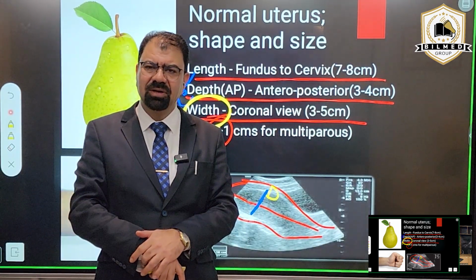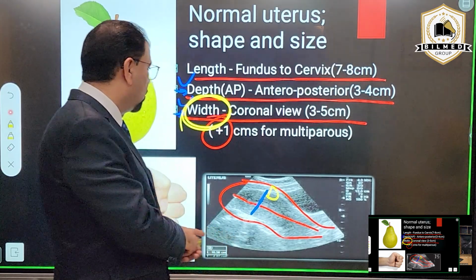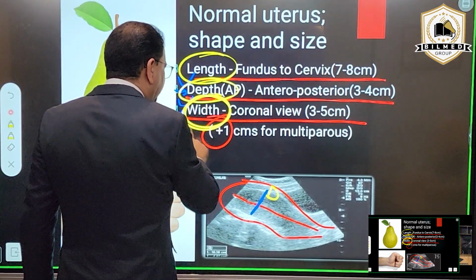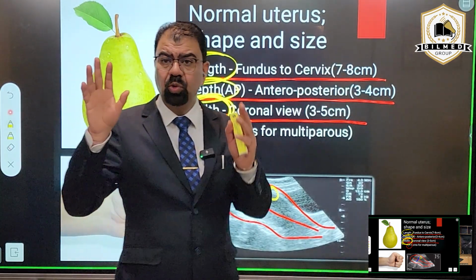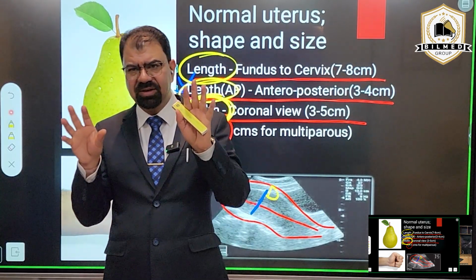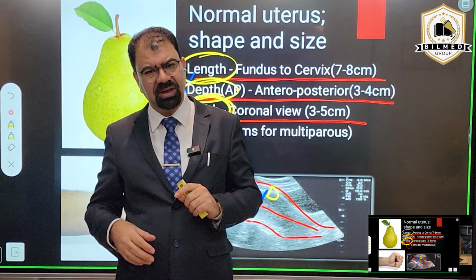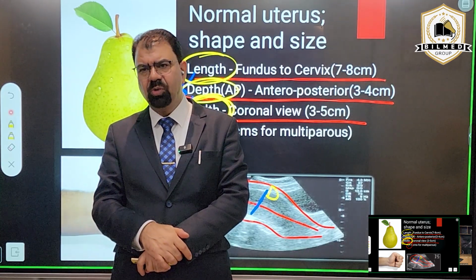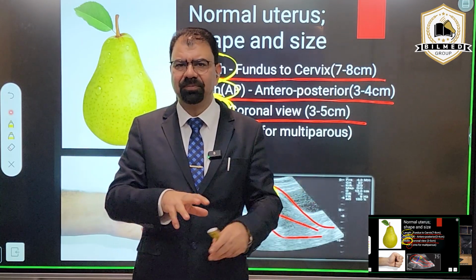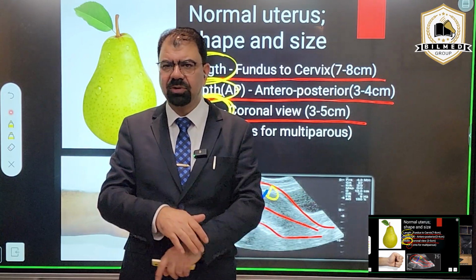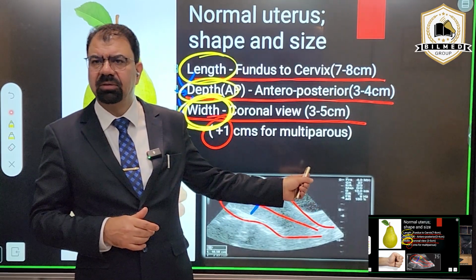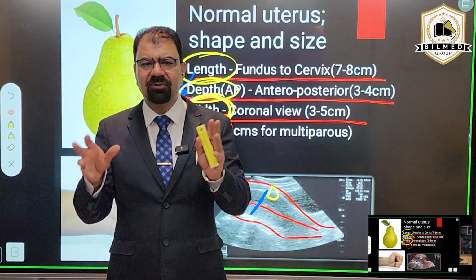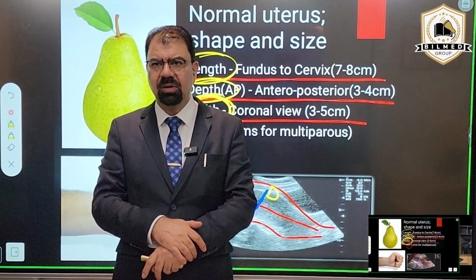It means that to take all three measurements, length, depth, and width, I should have two sections, one transverse and one longitudinal. That is why the machine gives you a dual mode. Dual mode is not to save paper while taking printouts, but to take the three measurements, and the three measurements only will give you an actual volume.